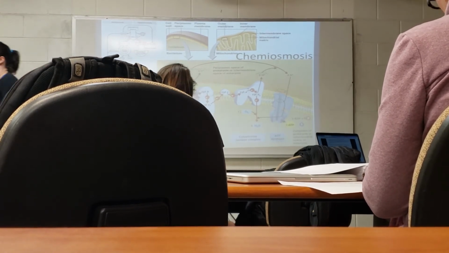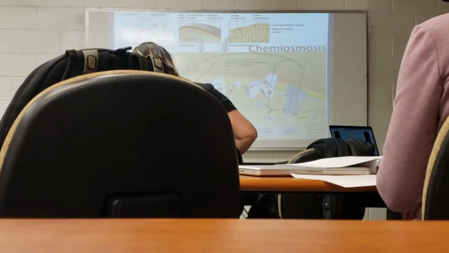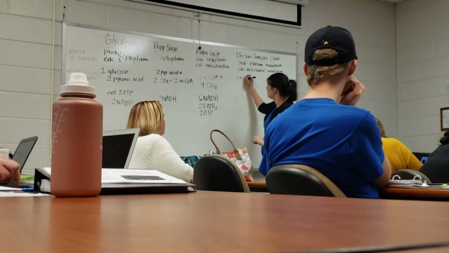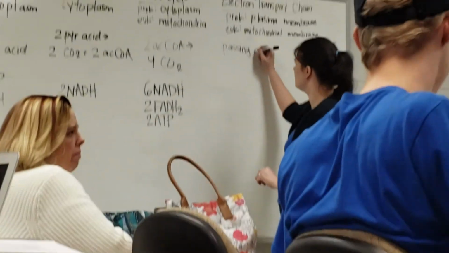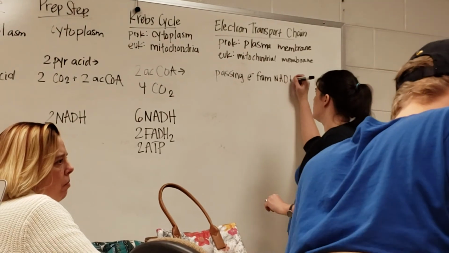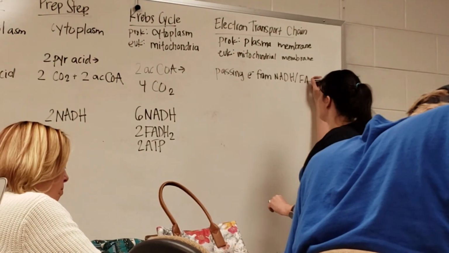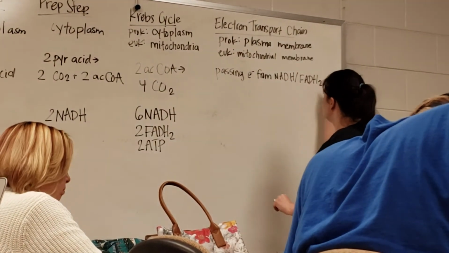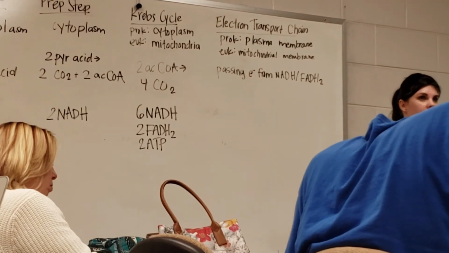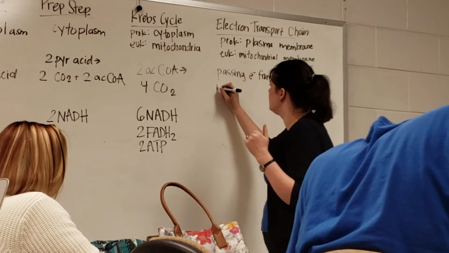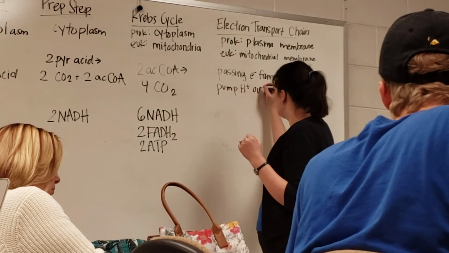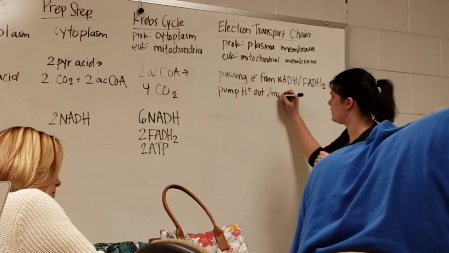So let's talk again about what's happening. We are passing electrons from NADH or FADH2. They're just passing down the chain. As they're passing down the chain, you're pumping hydrogens out, which makes a gradient.